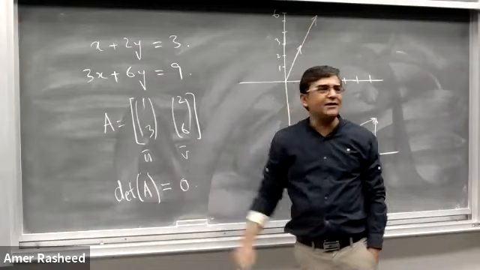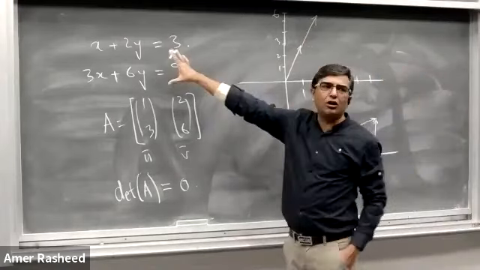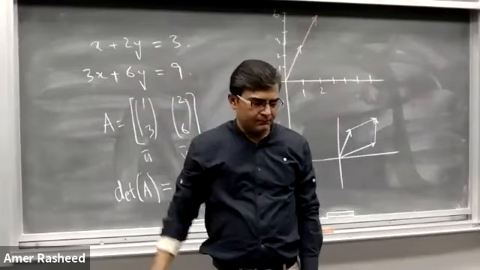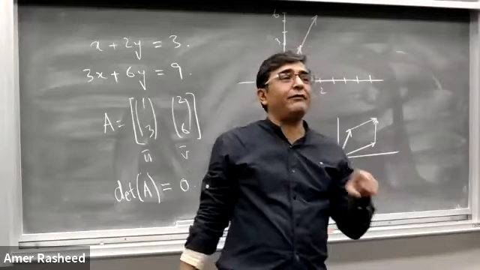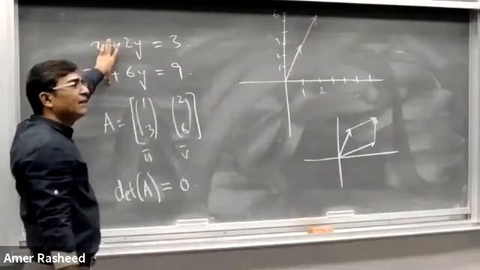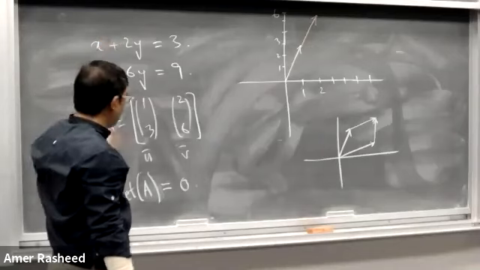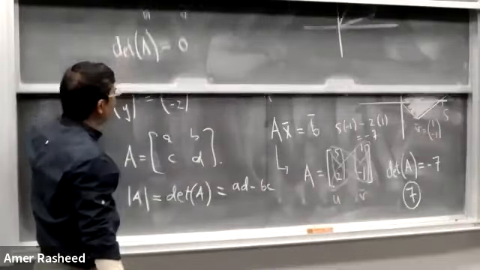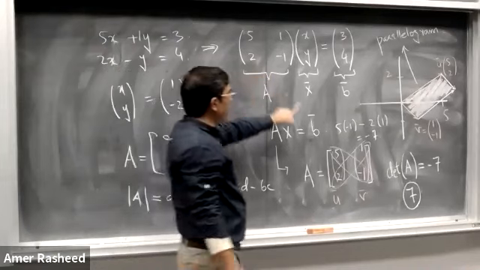If the determinant is 0, then we cannot find the unique solution of this linear system. If the determinant of any linear system is 0, then we cannot find a unique solution of the given linear system. Whereas here, the coefficient matrix we had here, its determinant is not 0.